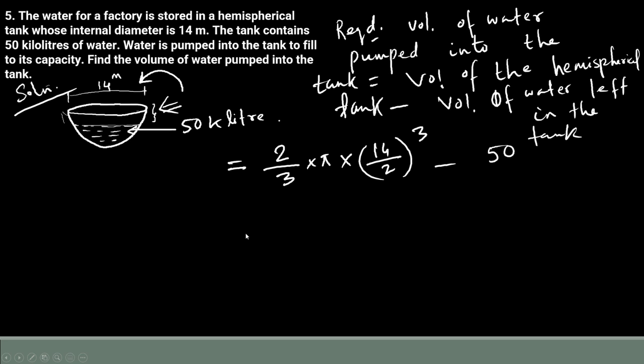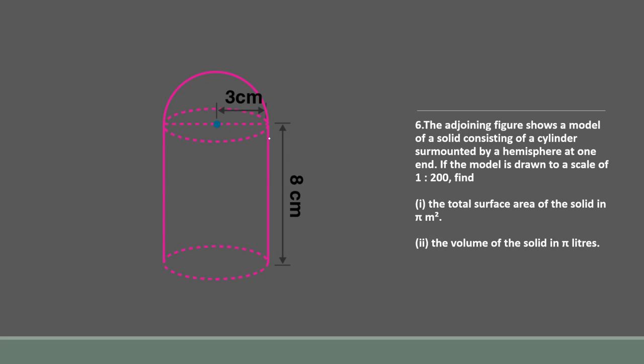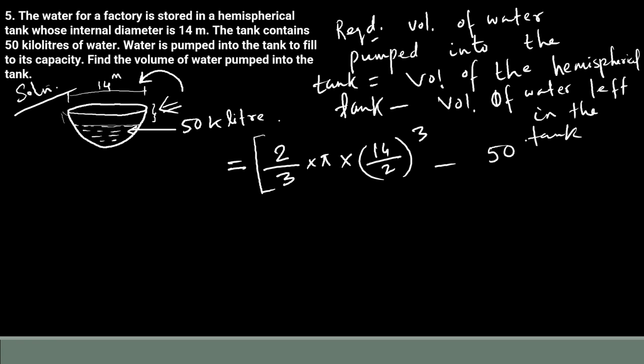So meter cube and kiloliter are basically the same. 1 meter cube is actually 1,000 liters and 1 kiloliter is also 1,000 liters. So both are the same. So I can just keep it like this and just write kiloliters here.